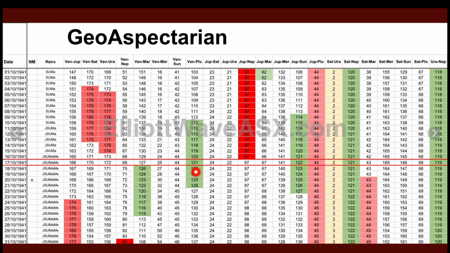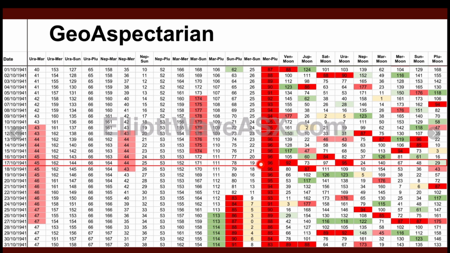There's a Venus-Pluto trine, Jupiter-Sun trine, Saturn and Uranus are conjunct, Saturn-Neptune in a trine, Uranus-Neptune in a trine, and if I scroll to the right, Mercury-Pluto a square, Venus-Moon square, Jupiter-Moon is not quite square, Uranus-Moon is square.